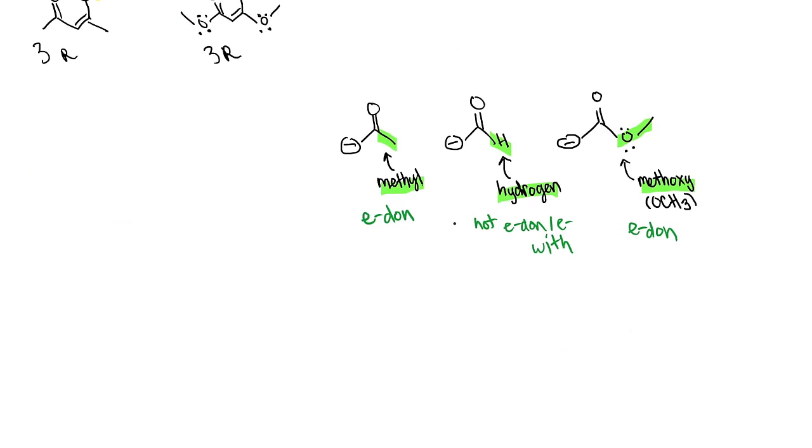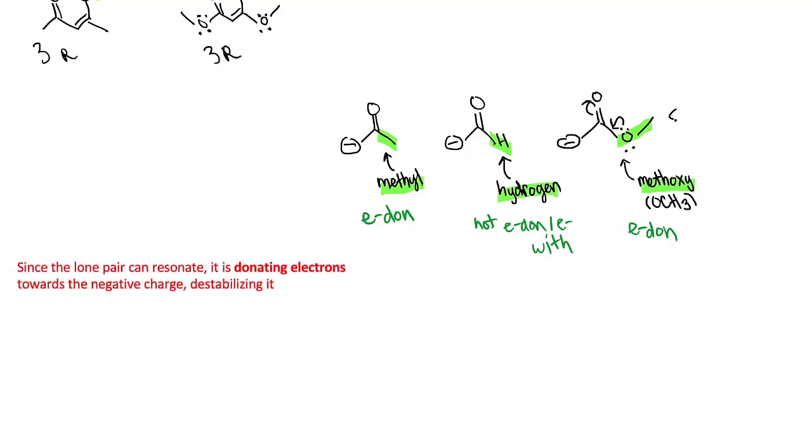Now I want to look between my ketone and my ester. Between a methyl and a methoxy group, which one is more electron donating? I'm going to say it's the methoxy group, because if we look at this oxygen here, this oxygen has a lone pair that can actually resonate, and I'll show you what that resonance looks like.